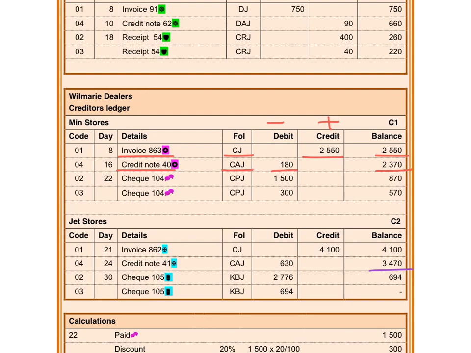We paid money by check number 104, and we will record the discount and the payment on the debit side, 1,500 and 300. After the payment, we will work out the balance as 2370 minus 1,500 gives me 870, minus 300, and that is the outstanding balance of 570.